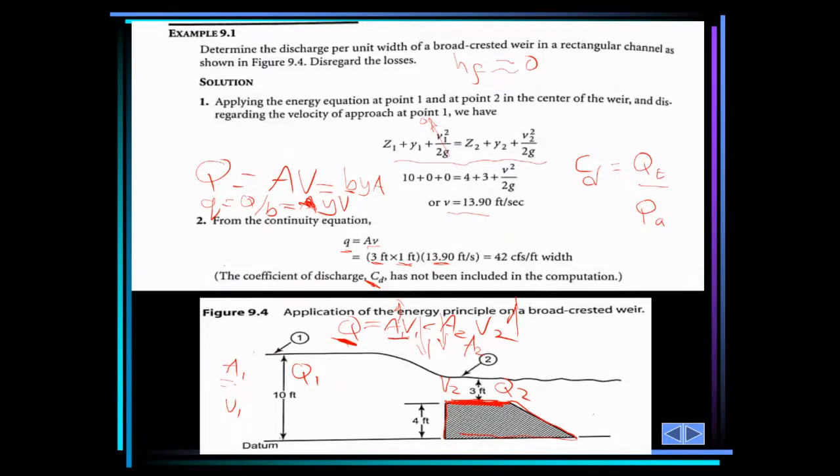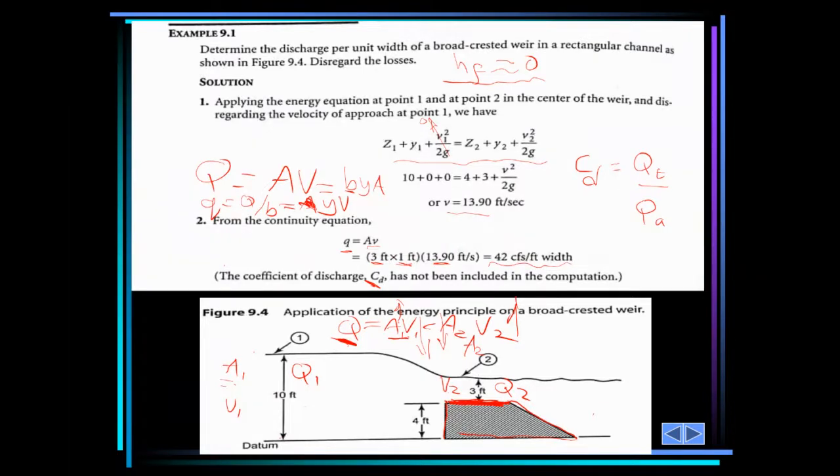The theoretical flow, you see, when deriving any formula, we make a lot of assumptions and ignore certain things. Like in this case, we ignored the loss. In this example, we disregard all losses. So this will give us the theoretical flow rate. Okay, so this flow rate we determine is theoretical.